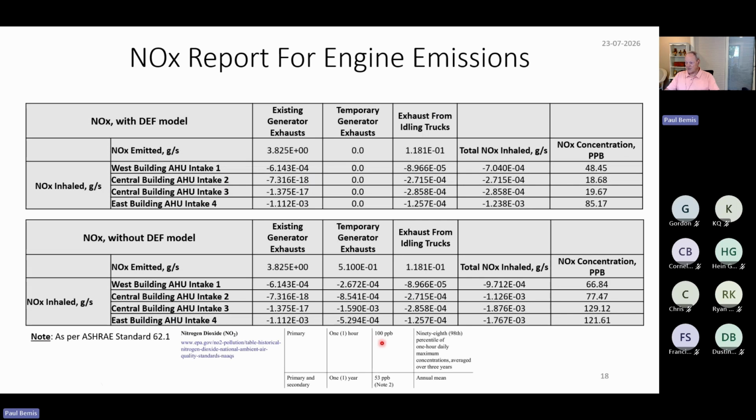This is NO2, 100 ppb, and the primary and secondary over a year period should be within 53 parts per billion, the annual mean. So you compare that to what we're seeing, and we're below that number with the DEF model. We get a little bit closer to that number on intakes 3 and 4 when you do not have the DEF model in place, which would not surprise you, of course, because it's putting more particulate, more of that gas into the atmosphere.